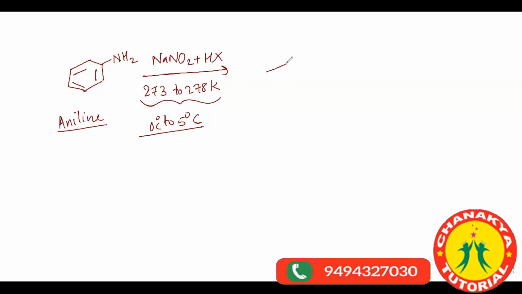Now, what happened? You will get the diazonium salt. What is the diazonium salt? In this, the nitrogen would be converted to N2 with a positive charge, and your halide group would be attached with this. Salt, why? Because it has a positive and a negative ion, and hence it is called a salt. Like in salt, NaCl, it is Na plus and Cl minus, so we call it a salt.